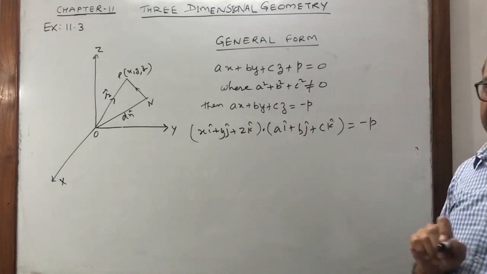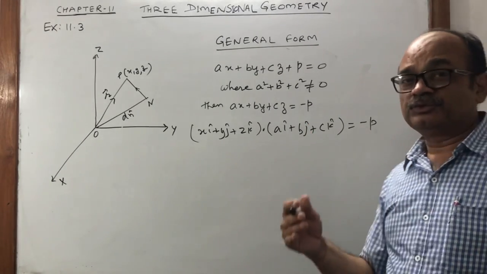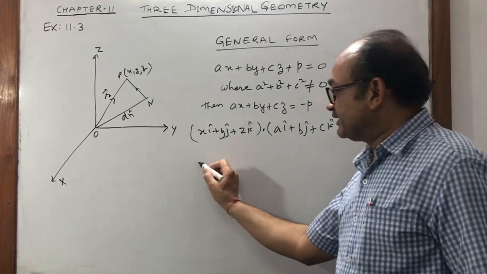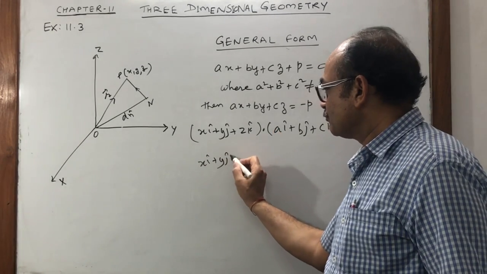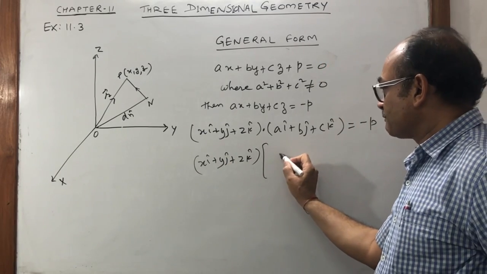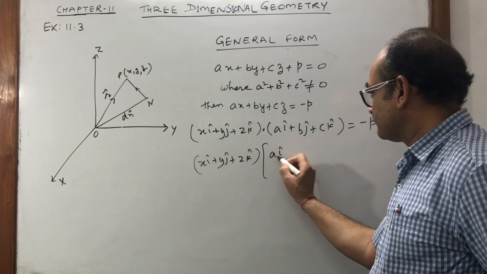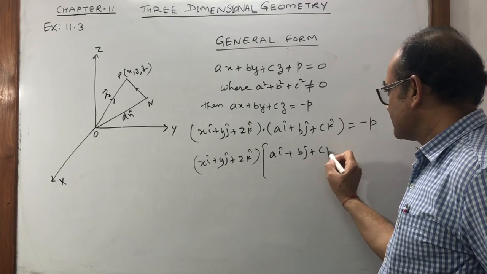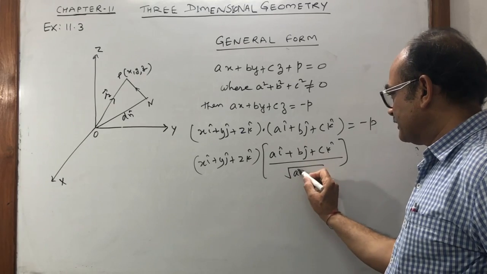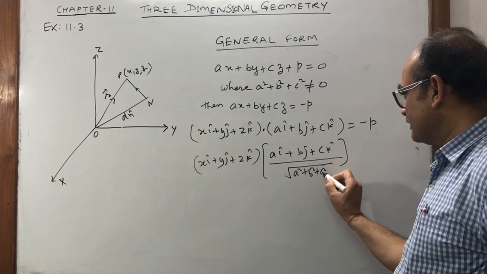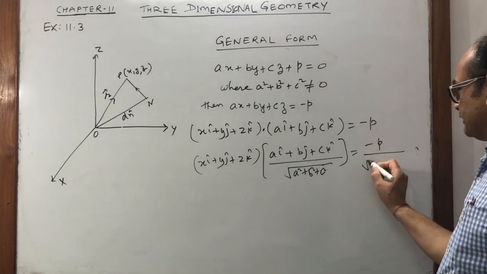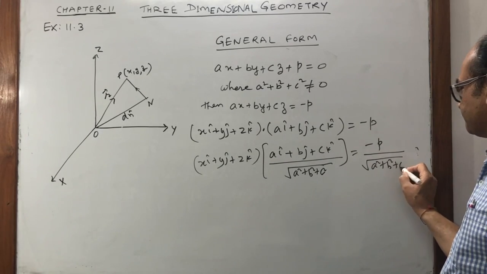This we can write as, to convert into DCs, because a, b, c are DRs. Here we can write xi plus yj plus zk, and here we can write ai plus bj plus ck divided by under root a square plus b square plus c square, that is magnitude of the vector, and here minus p divided by magnitude of the vector.